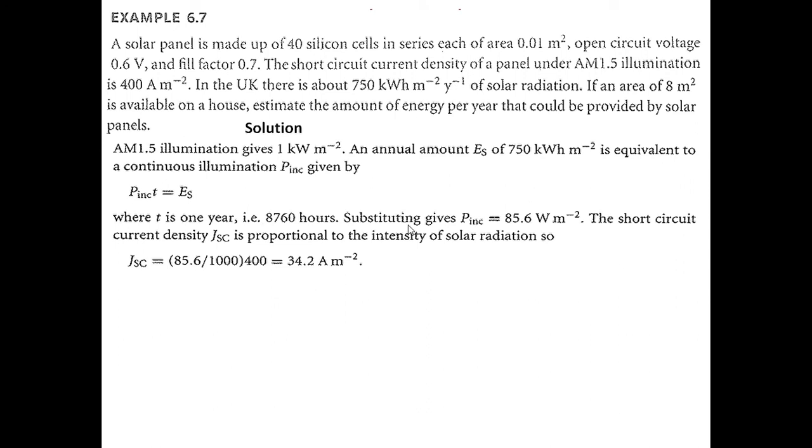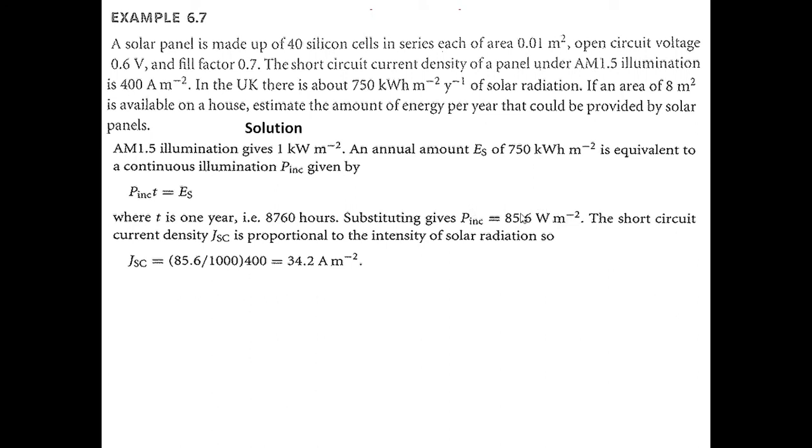What you get is 85.6 watts per meter square. It is just by dividing by 8760, so hour and hour are removed. This is the solar insolation received, in terms of watts per meter square.